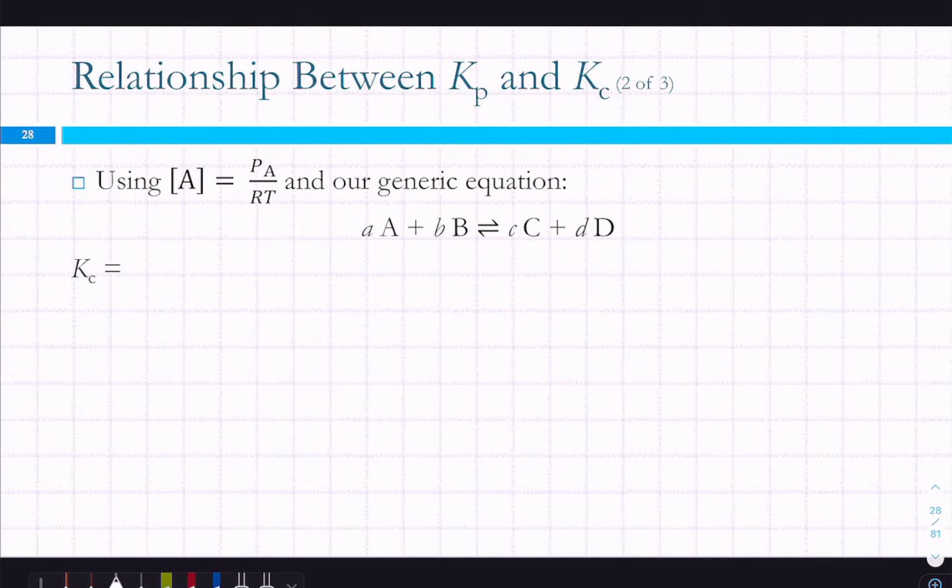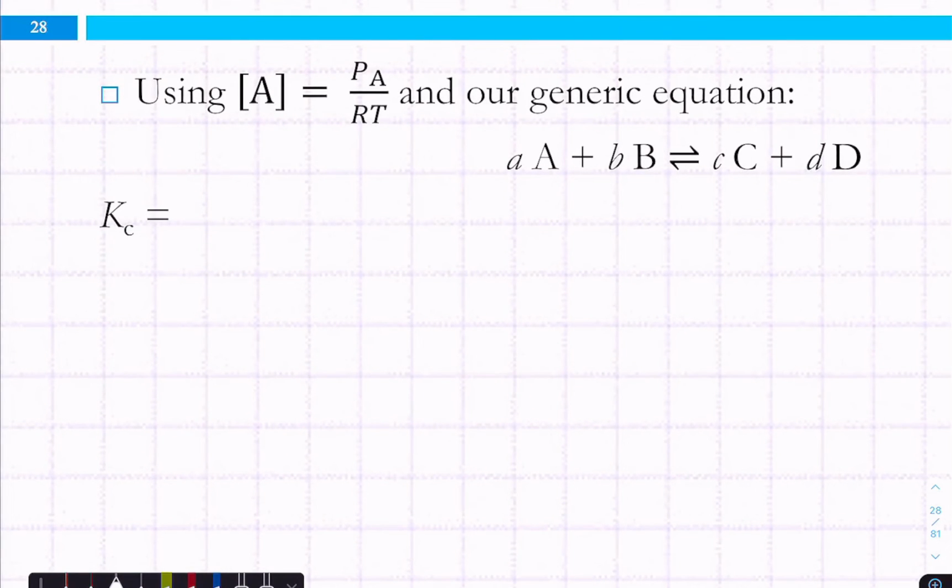All right, so I'm just going to go through this. We can get from Kc to a pretty simple equation for Kp, but it's going to start out messy at first. So our equation for Kc using concentrations is going to be products over reactants: C to the c times D to the d, over A to the a times B to the b.